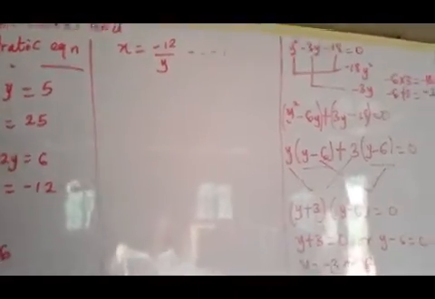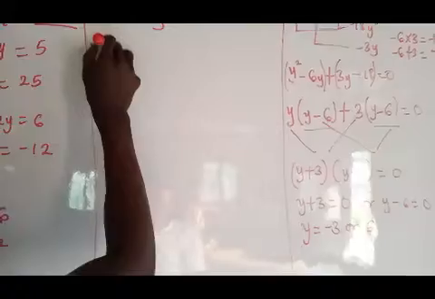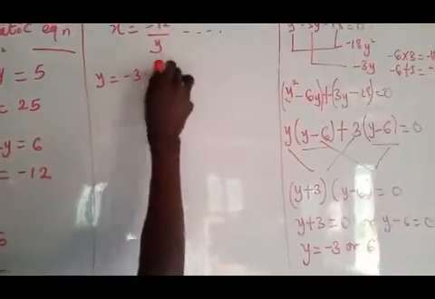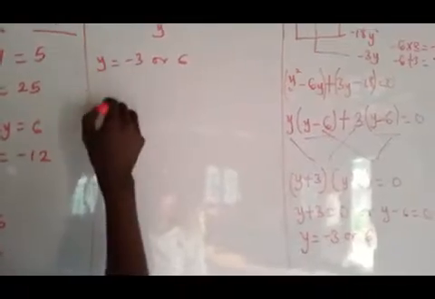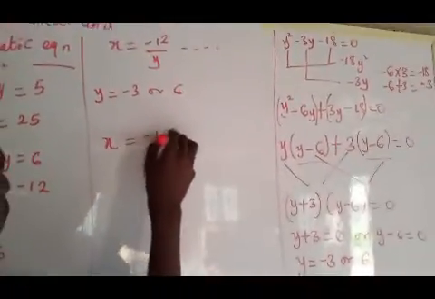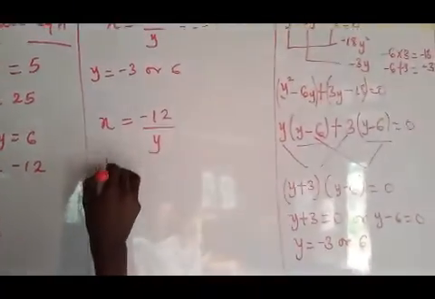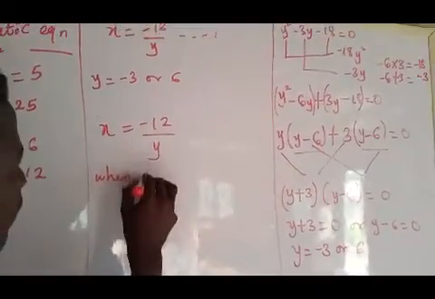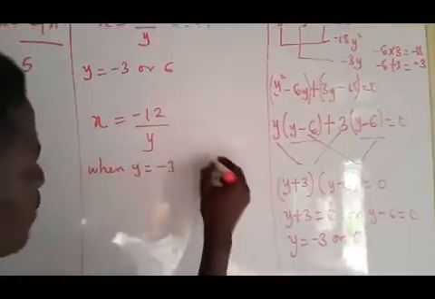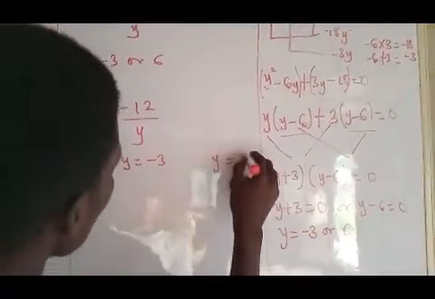So now let's get our x. We have our y to be minus 3 or 6. To get our x, you know our x equals minus 12 over y. So when y equals minus 3 and when y equals 6, let's do it together.